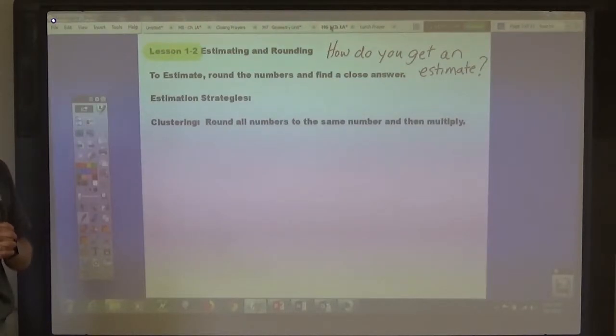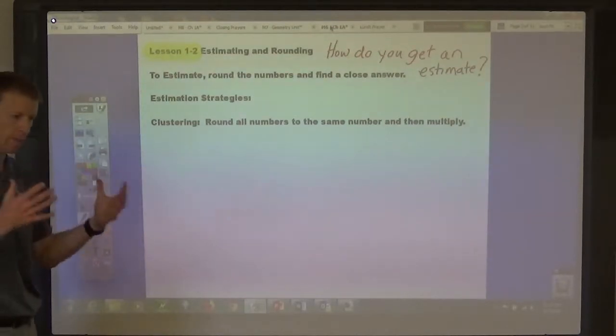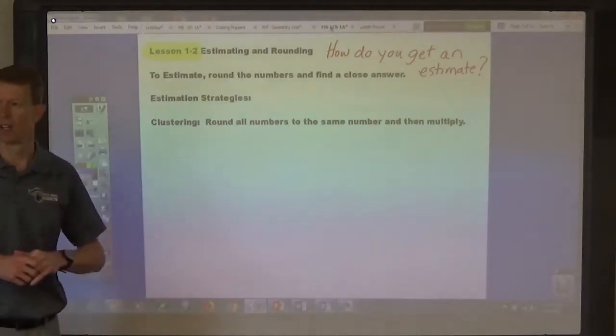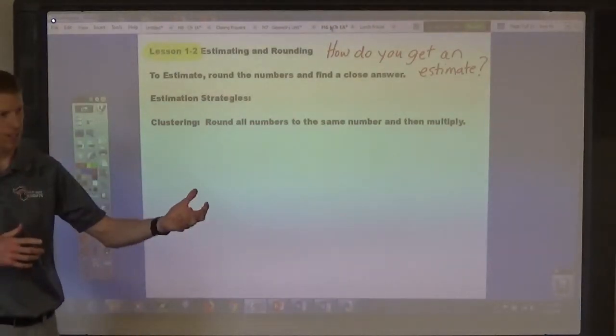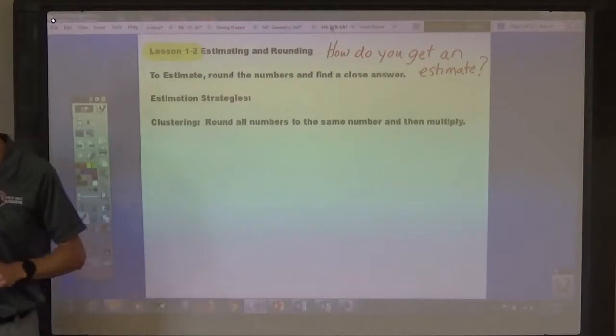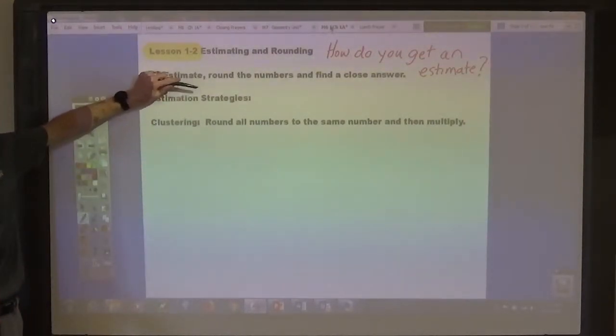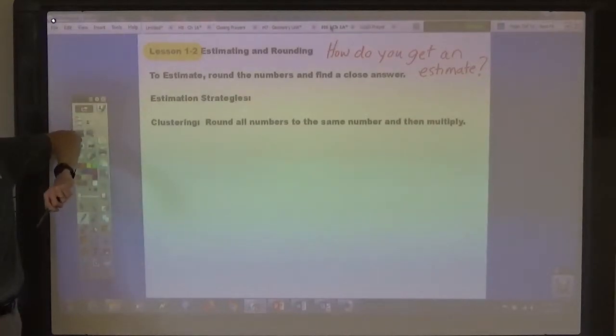No. They have to estimate, and they'll use a formula. Insurance companies have formulas for the cost of replacing something damaged in a storm, and those are always estimates. They have to find a way to get a close answer.